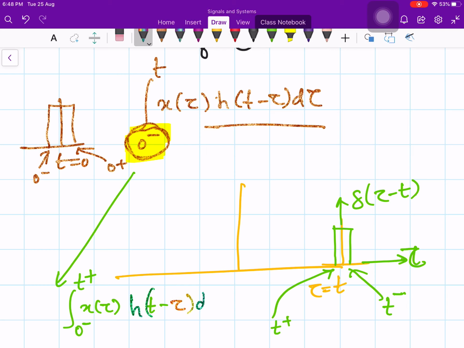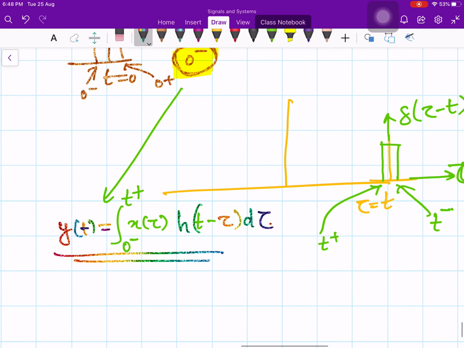So this is the final expression for a causal signal and causal system.